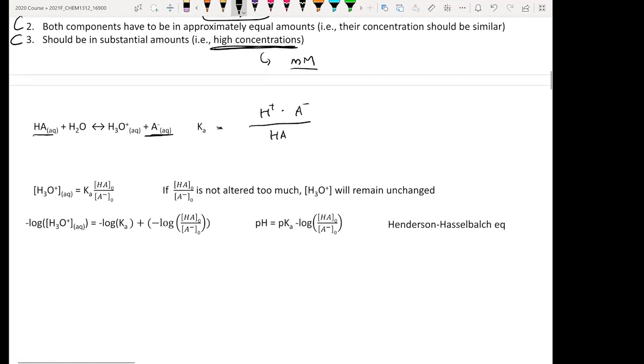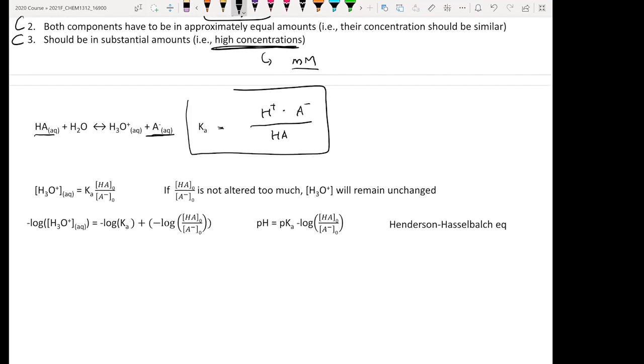Once you have this definition, I can rearrange this equation to express my proton concentration: I'm going to move these two to the left. On the top will be the Ka times your HA concentration, and at the bottom will be your A minus.